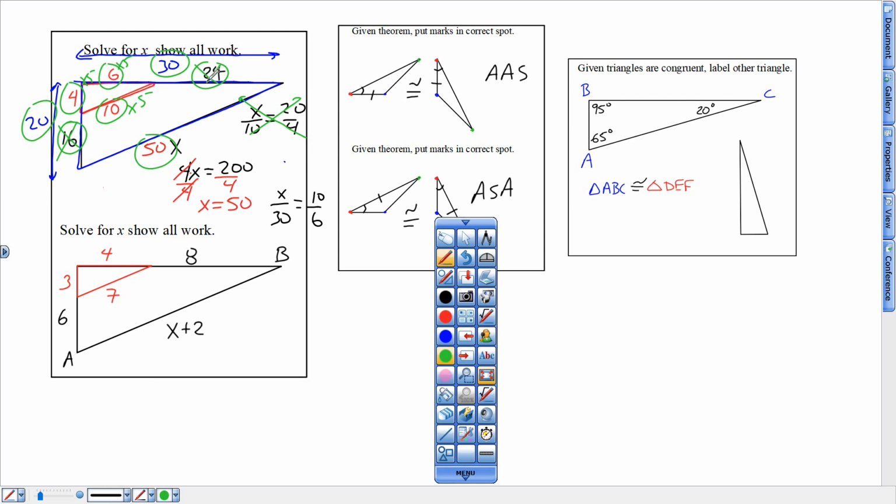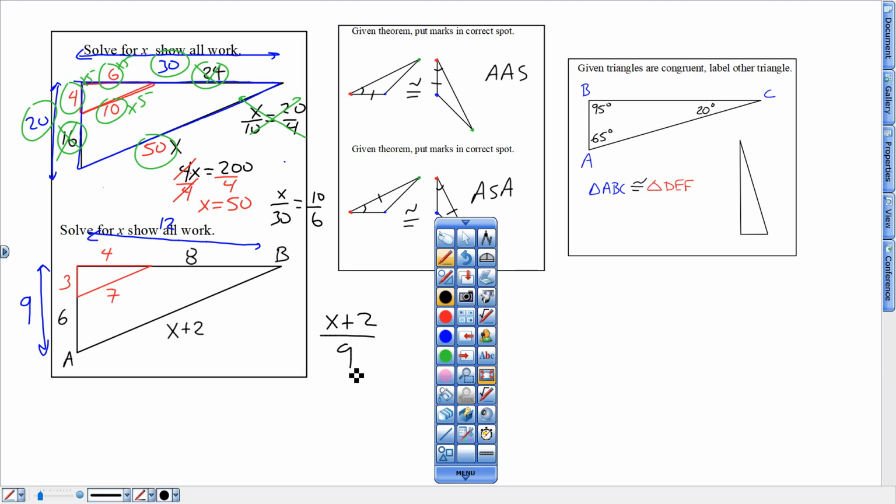All right, this next one's a little trickier because when I set up that ratio, I got x plus 2. I'm going to distribute. So this one is 9. This length right here all the way on top is 12. Hopefully you're seeing that. I'm going to set this one up as x plus 2 over 9.